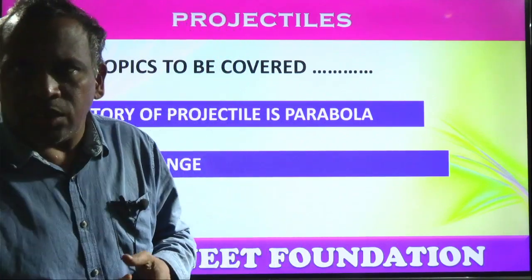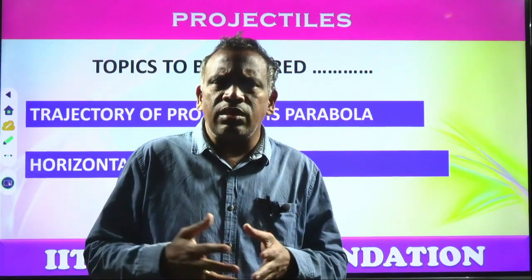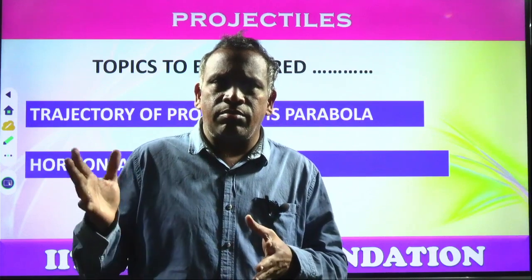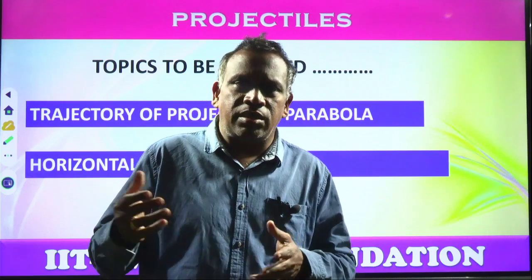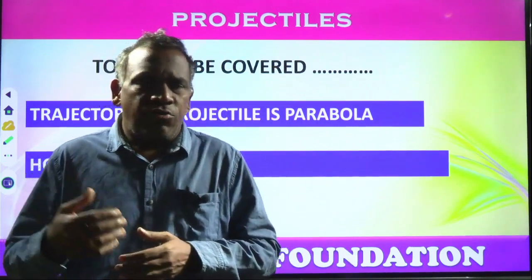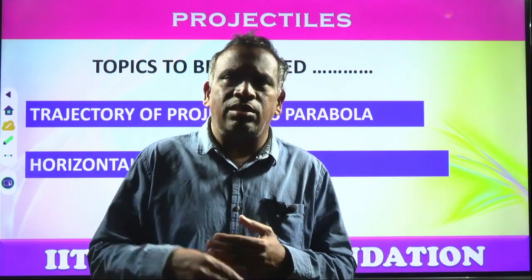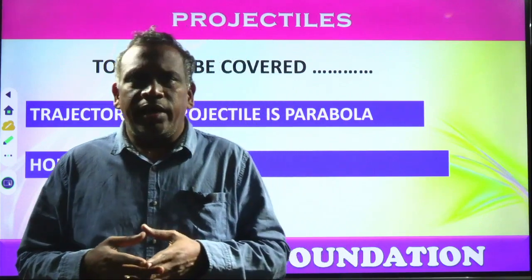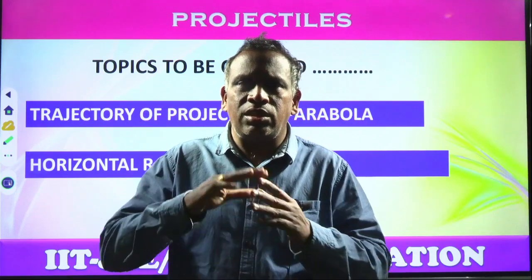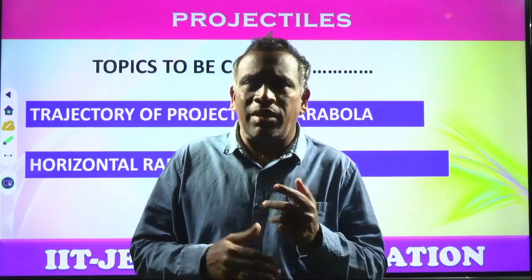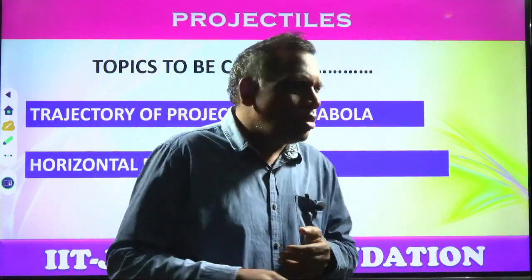An application of oblique projectiles is what we are observing recently in the Ukraine-Russia war. Ballistic missiles are fired from the land of Ukraine or Russia, reach the opposite enemy targets, and hit them. These missiles execute a path that is called a projectile.